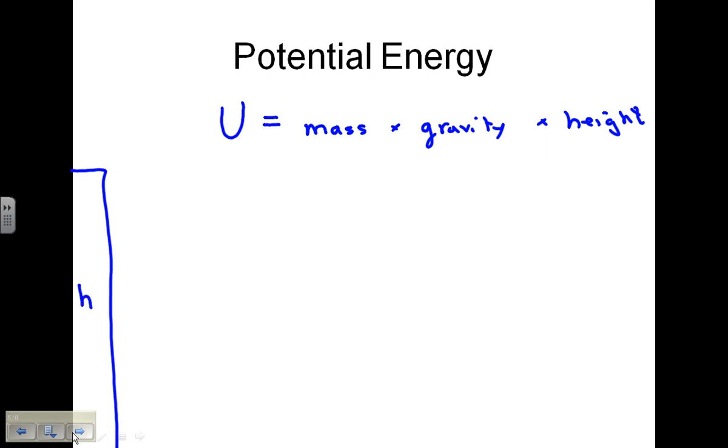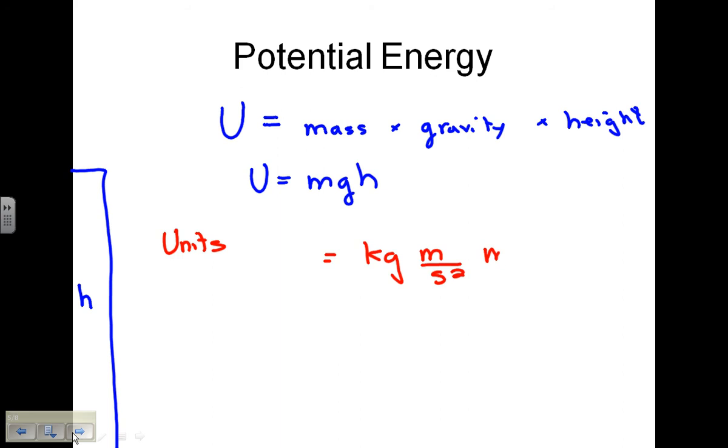So we have U equals mgh is the formula you will be using. Our units, again, mass is kilograms. You know gravity is meters per second squared, and height is going to be in meters. So you see how we have kilograms, meters squared, seconds squared? And yes, this too is a joule.